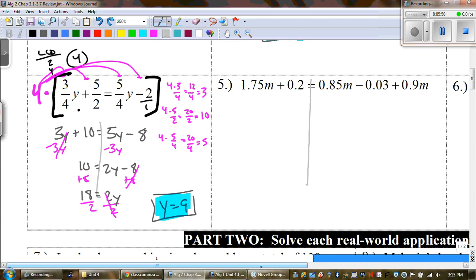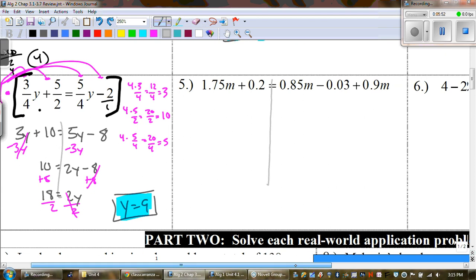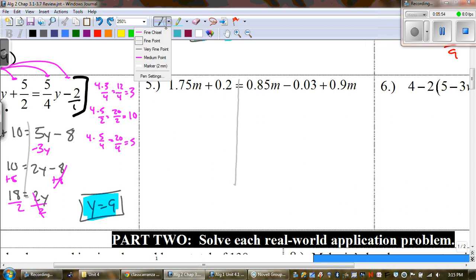Okay, let's move on over to the next one. Now, how do we get rid of those decimals? We have to multiply by the place value for this one. And the place value is actually 100 because we have 2 numbers behind the decimal.